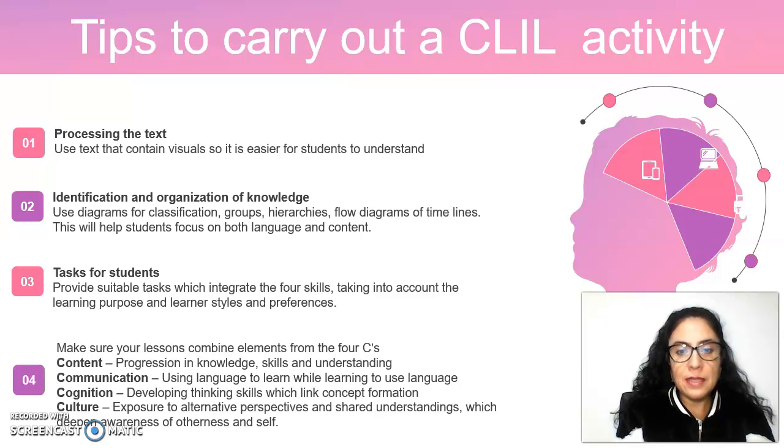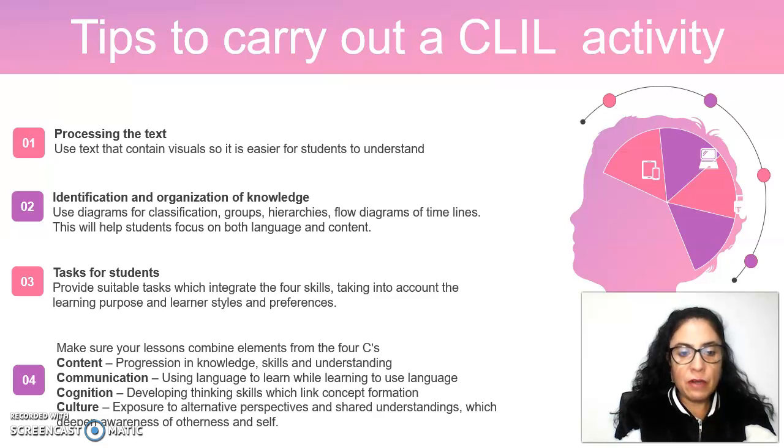This is very important, taking into account the learning purpose and learner styles and preferences. And number 4, make sure the lessons combine elements from the 4 C's that I mentioned previously. Content, we need to have progression in knowledge, skills, and understanding. For communication, using language to learn while learning to use language. Cognition, developing thinking skills which link concept formation.